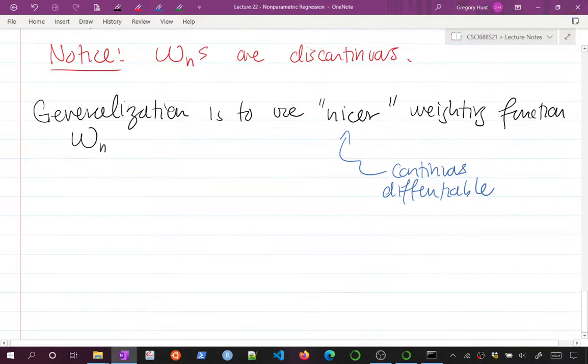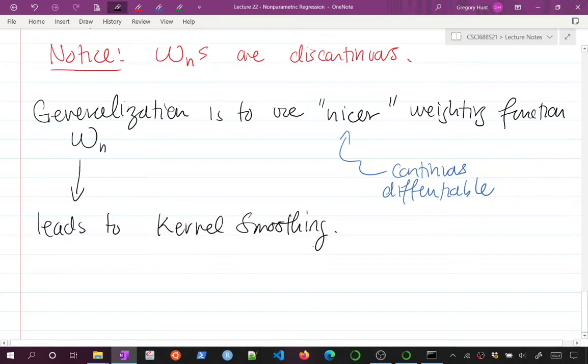In particular, this leads to what's called kernel smoothing, which is a generalization of this interpretation of k-NN as a weighted average, but using weights that aren't as discontinuous.